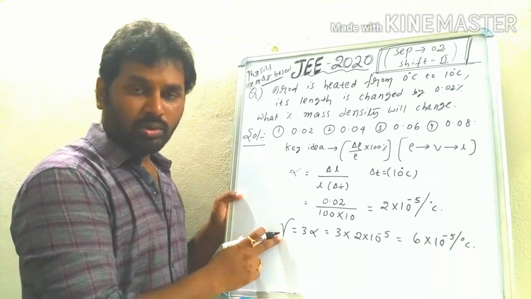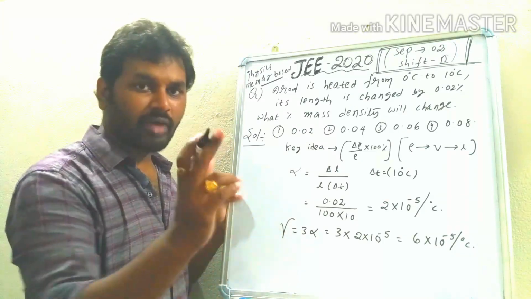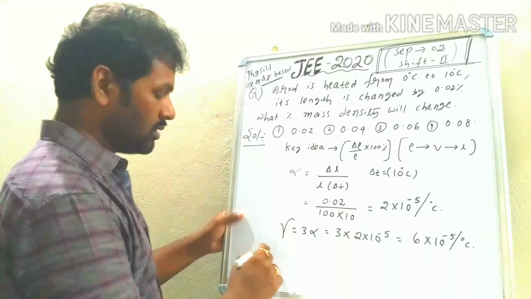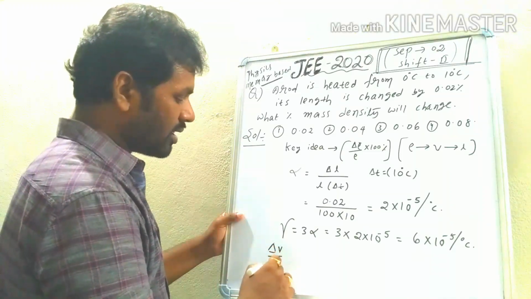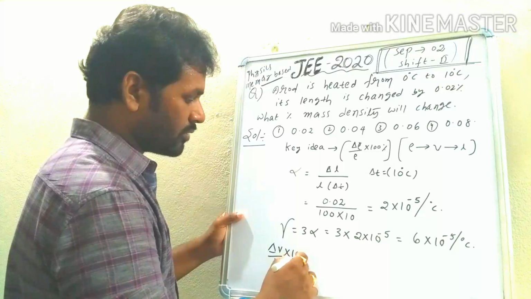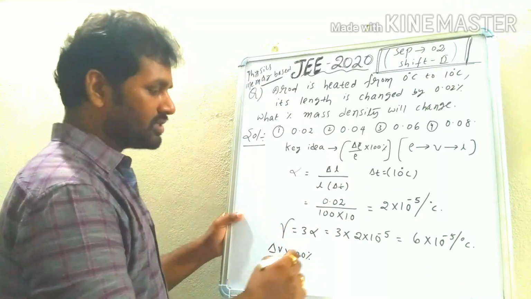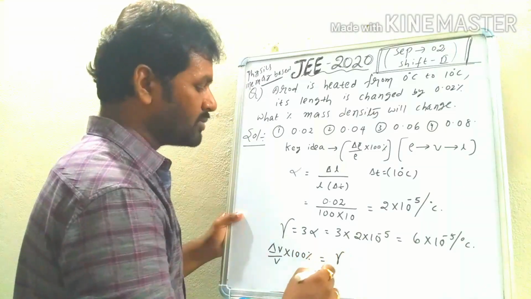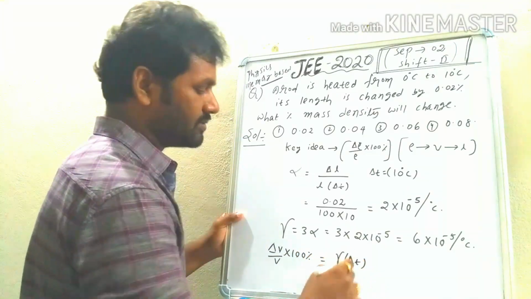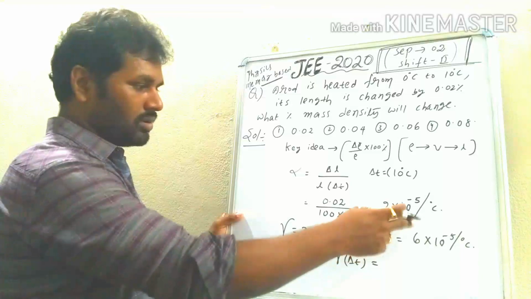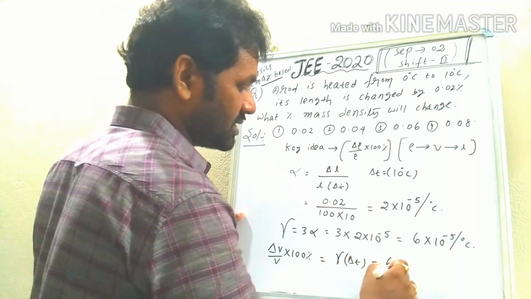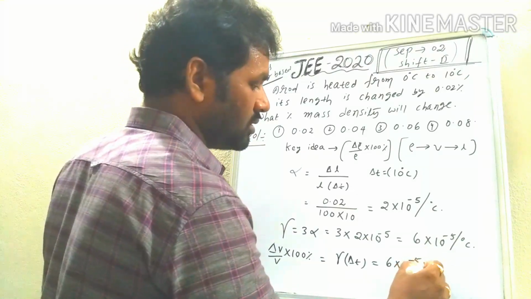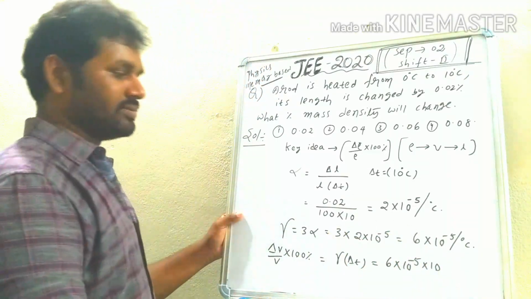Once you know the gamma value, you can very easily find the percentage change in volume of the rod, which is given by delta V by V into 100%, which is equal to gamma times delta T, which is 6 into 10 to the power of minus 5 times delta T, the increase in temperature, which is 10.